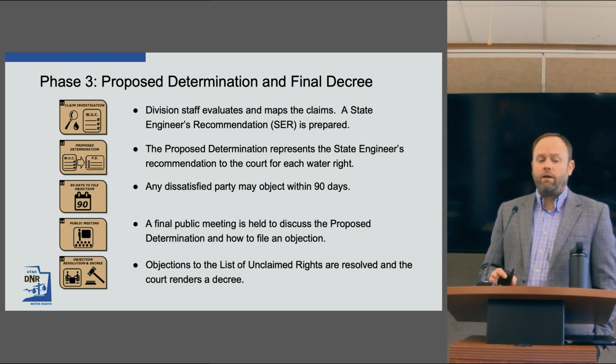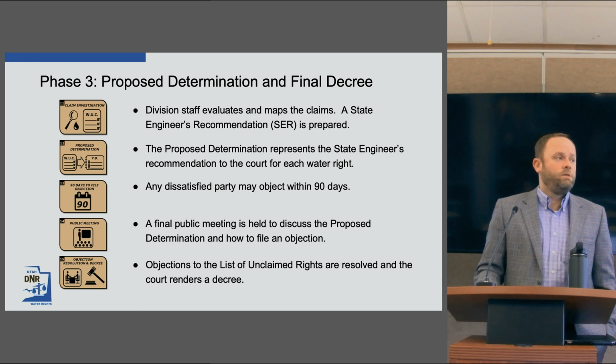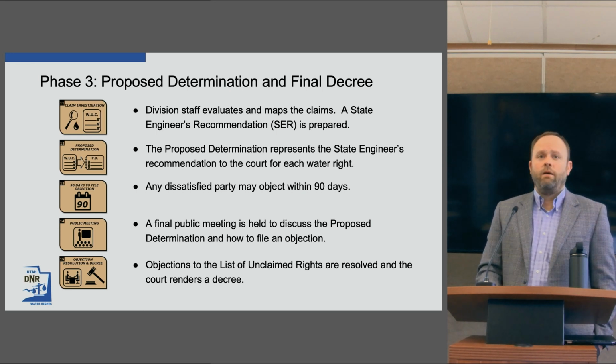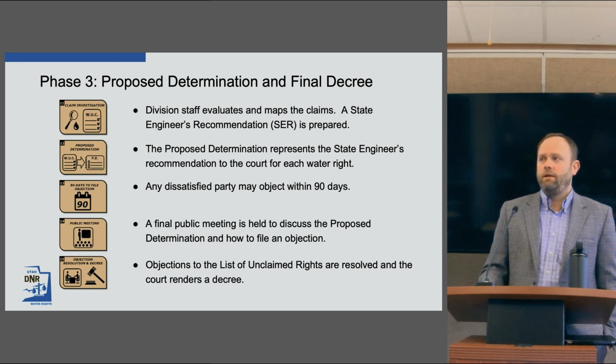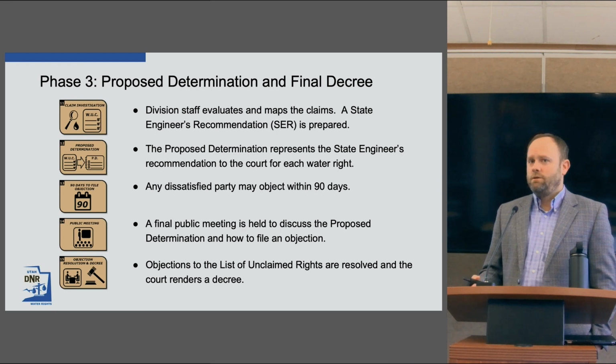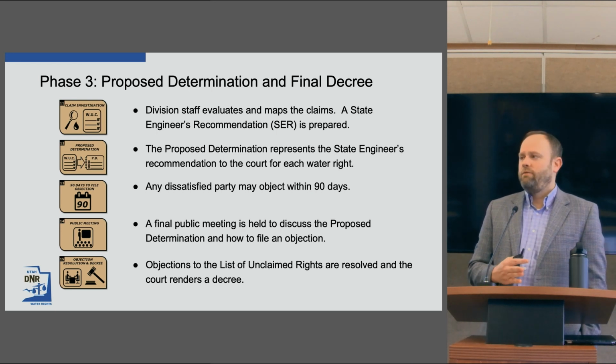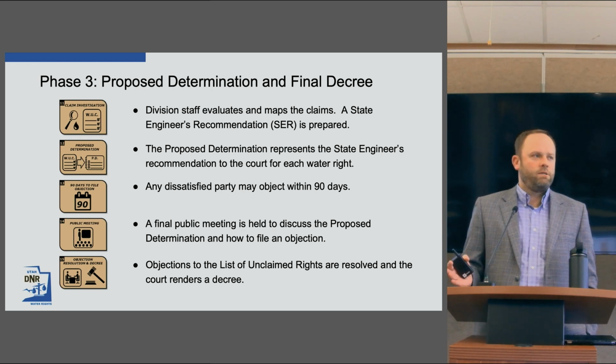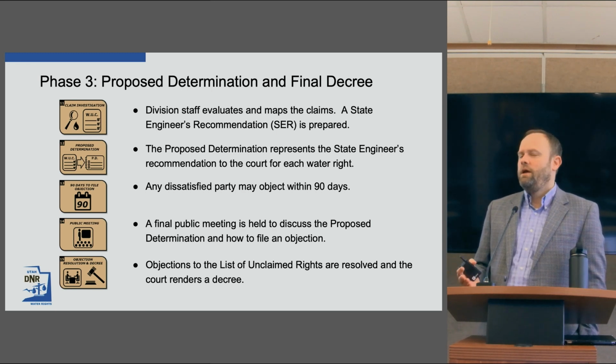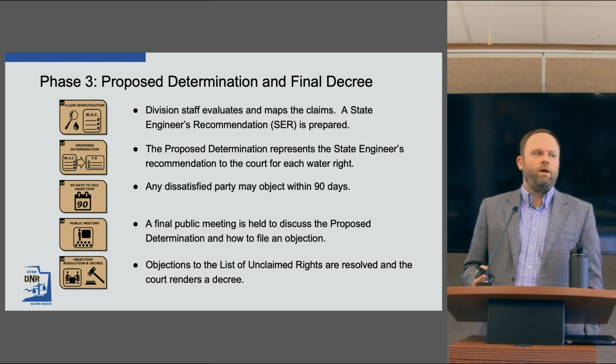Okay, we talked about objections. So you can object to this proposed determination if that doesn't match what you expected. Following the publication of the proposed determination and that 90-day period, we then enter into a phase of objection resolution. Once we've resolved all of those objections, we can then petition the court to issue a decree.